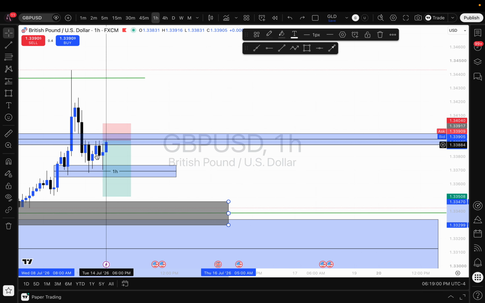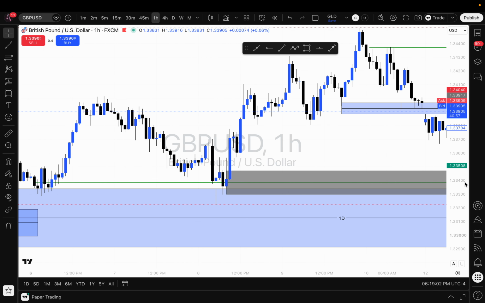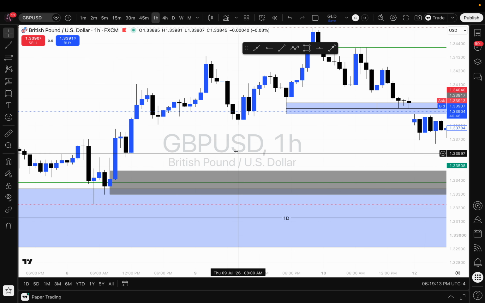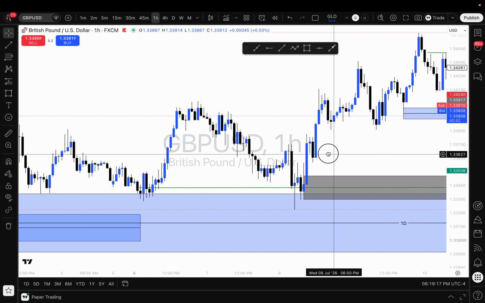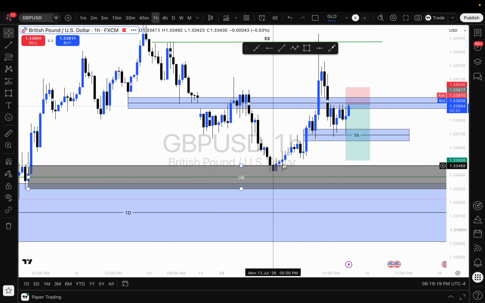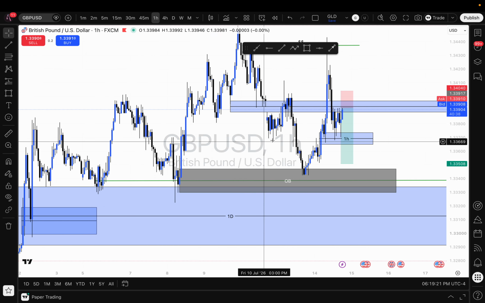If you were curious, I got the order block from this last bearish candle before the strong bullish movement. The top of the wick, that's why I drew it out. And then price retraced back to it, respected it, pushed back up.